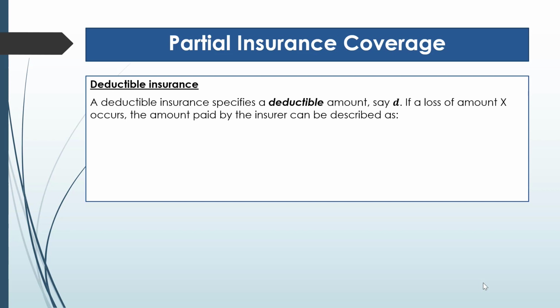If a loss of amount X occurs, the amount paid by the insurer can be described as Y, the amount paid by the insurer. Y is 0 if X is less than or equal to D, and Y is X minus D if X is greater than D. This means if the loss is less than the deductible amount, then the insurer does not pay anything to the policyholder.